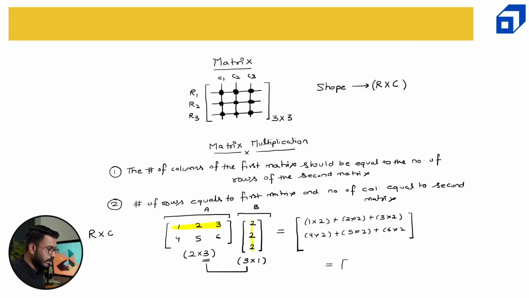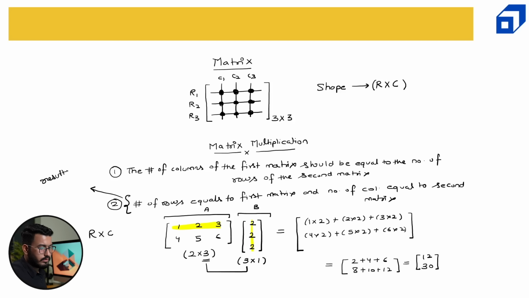And the answer would be 2 plus 4 plus 6, 2 plus 4 plus 6, and this will be 8 plus 10 plus 12. So here the total is 12 and here the total is 30. This is your answer.